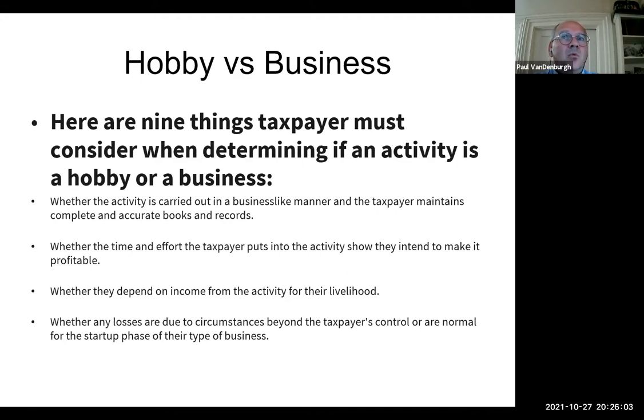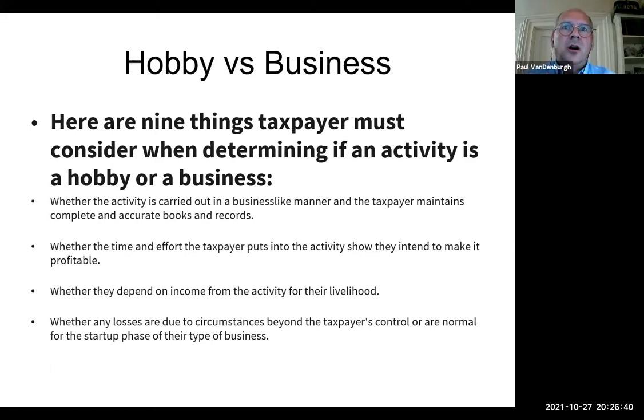When I say defend, we have to prove to New York State that the business is a business. It is not a hobby. Whether they depend on the income from the activity for their livelihood, that's a tough one to win if you have large off-farm income and large farming losses. You will likely never win on that one point. But not any one point is an all or nothing test.